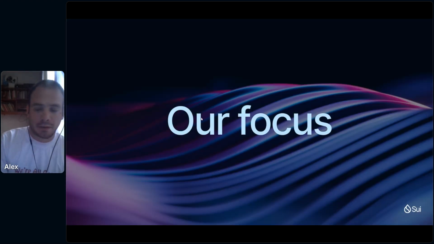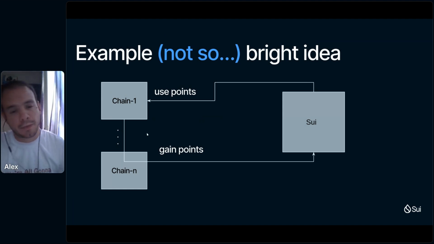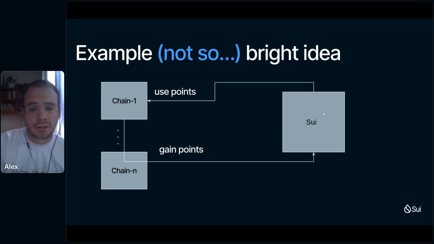So every time, in any chain, a user is buying something that is relevant to us, they will gain points, and so we transmit a message to Sui, and Sui can inform every other chain that this user has this many points available for spending.